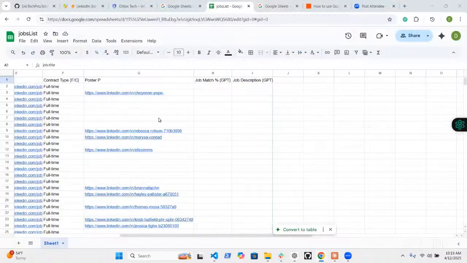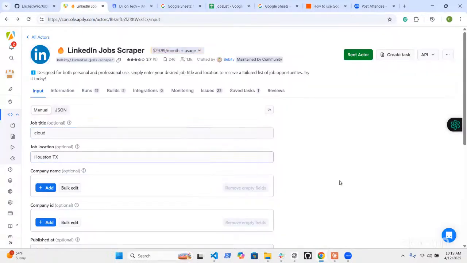This is the scraper right here, and I am going to do another one for Indeed, Glassdoor, all of them, to see where I fit in.